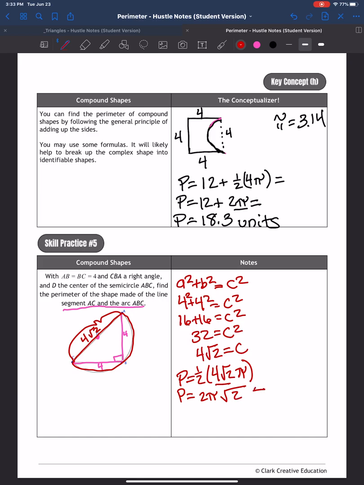So this is the perimeter of your arc. And you're going to add that perimeter to the length of this line. So your full perimeter of the entire shape will be 4 radical 2 plus 2 pi radical 2, which equals 14.5.